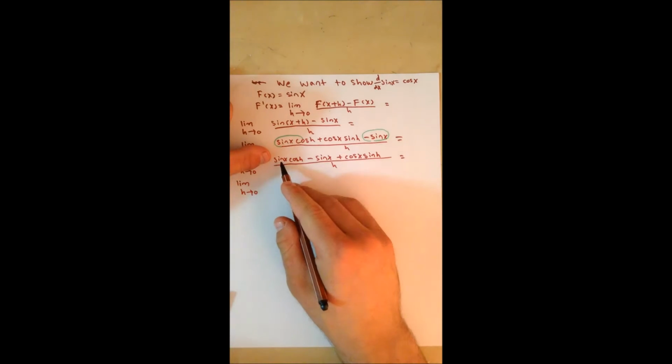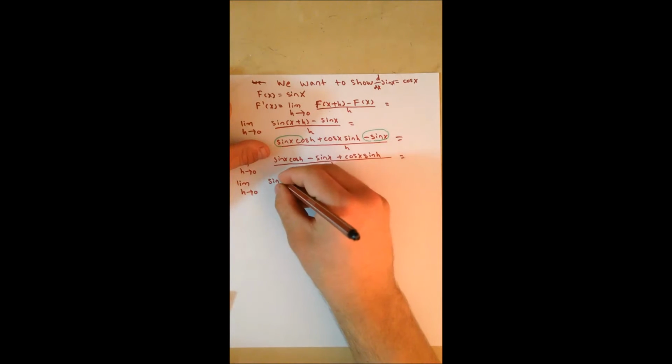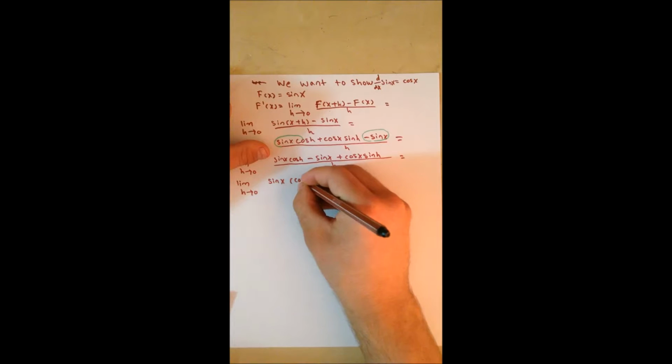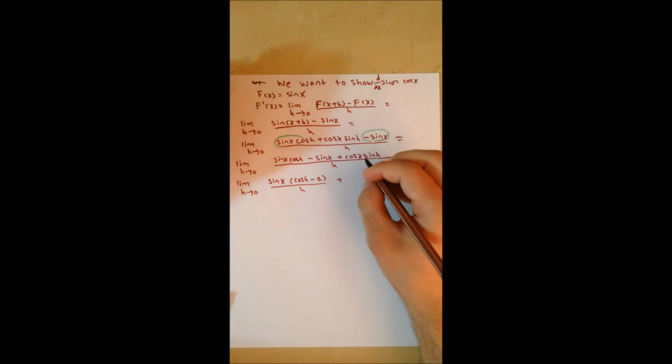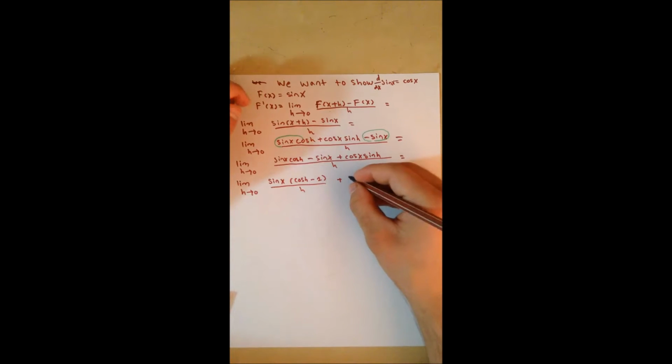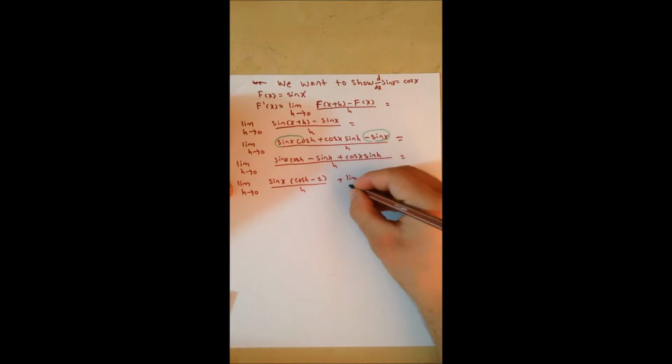And now we will factor out the sine x. So we get cos of h minus 1 all over h, plus, and we keep this limit the same. We'll separate into two limits in one step. The limit as h goes to 0 of cos x sine h all over h.